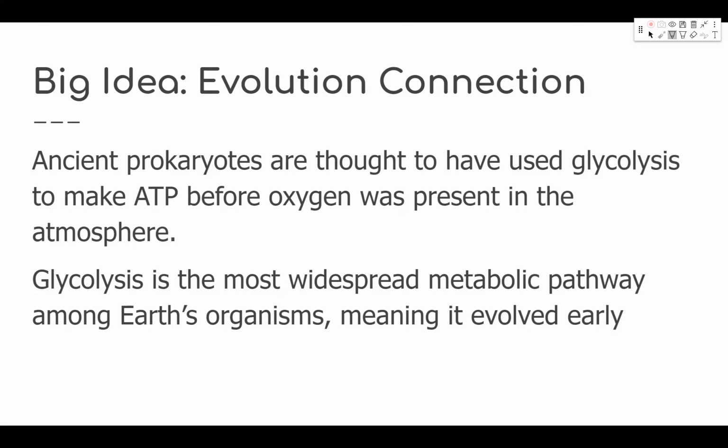Then eventually, photosynthesis would come about, and we'll talk about that a little bit more when we talk about photosynthesis. And that process would oxygenate the atmosphere, make oxygen more widely available, and then things like aerobic respiration could evolve over time. This is our big idea connection. Questions here?